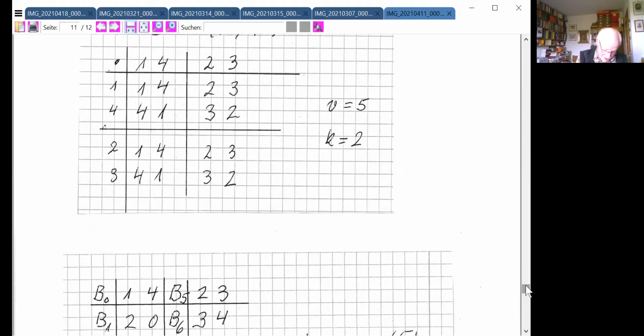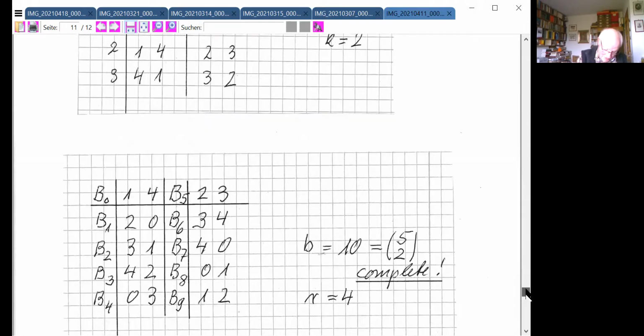But it shows that if you form the blocks, you get 10 blocks, and 10 is 5 over 2. So all the two-element subsets of the near-ring constructed are blocks, and this is not interesting. R would be 4 in this case.